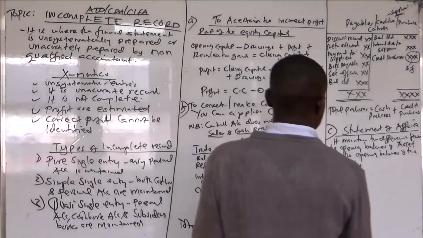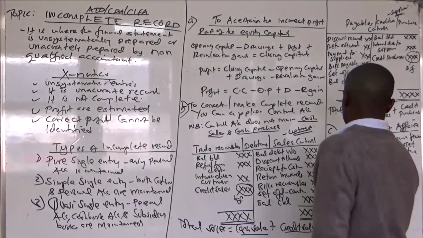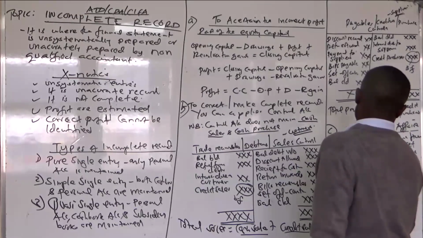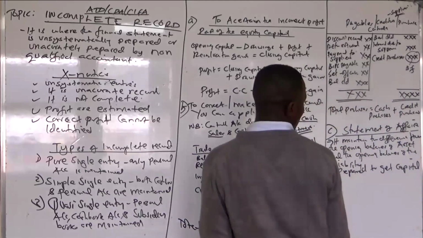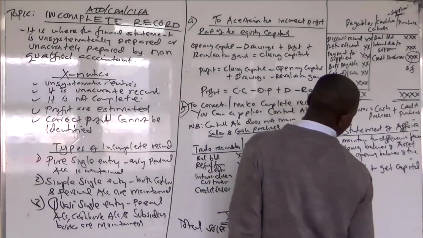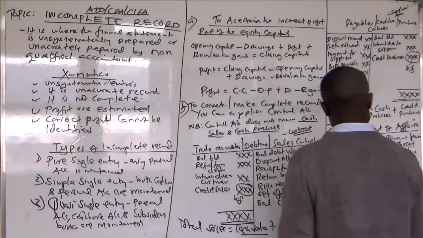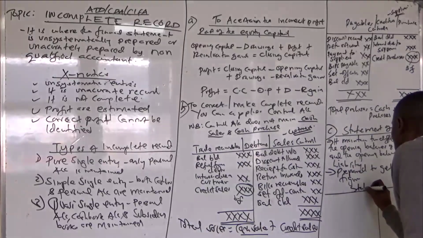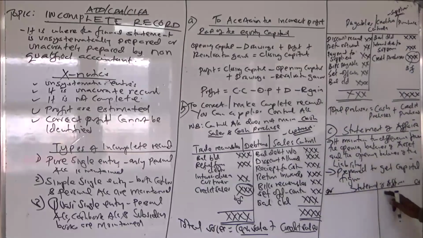So our main aim here is always to get the capital. It is prepared to get the capital, the balancing figure. So we are making this account, the statement of affairs, with debit and credit sides. Here you put all assets.